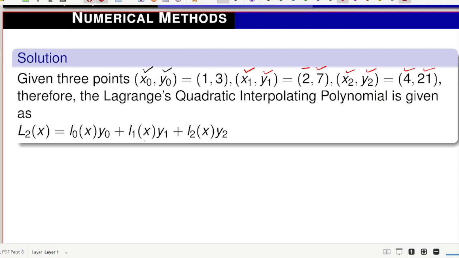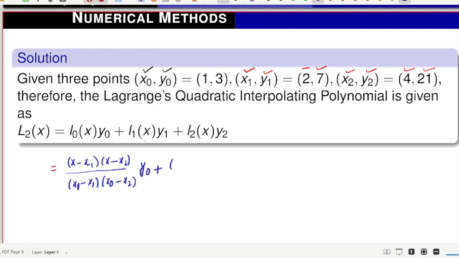And now let's again repeat how we define this L0, L1 and L2 for the sake of practice. L0 of x, we will skip x0 only, so we will write x minus x1 into x minus x2. In the denominator we write x0 minus x1 into x0 minus x2 and multiplied by y0.